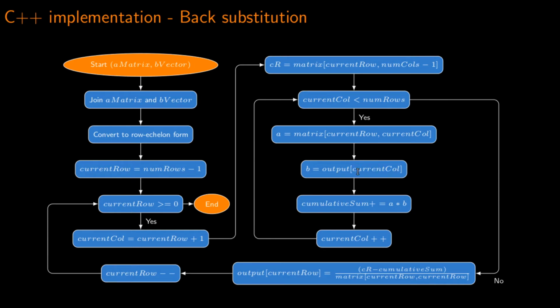Cumulative sum then plus equals A times B, and we increment current column and loop until we have finished looping through that column. Then we come back down to here and compute the output at current row, which is simply equal to CR minus cumulative sum divided by the value of the matrix at current row, current row. Then we decrement current row and come back round to here.